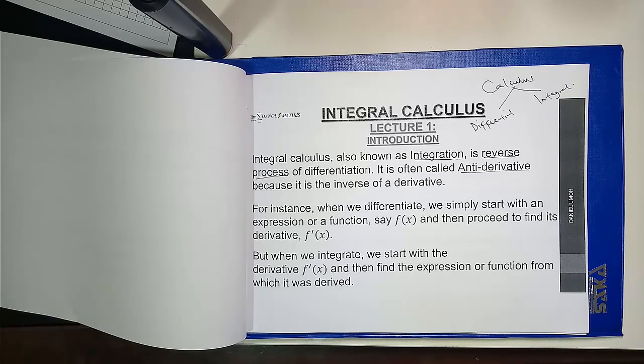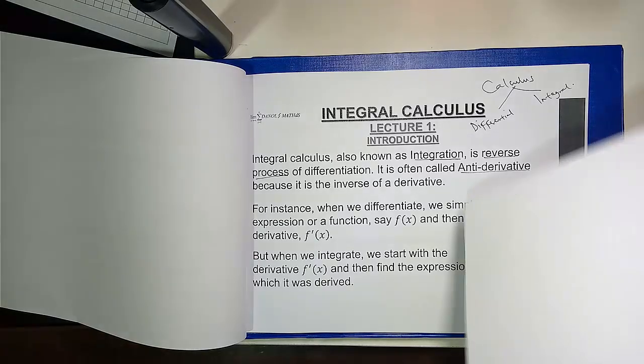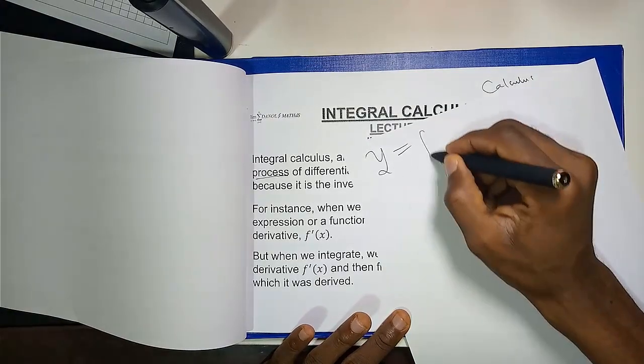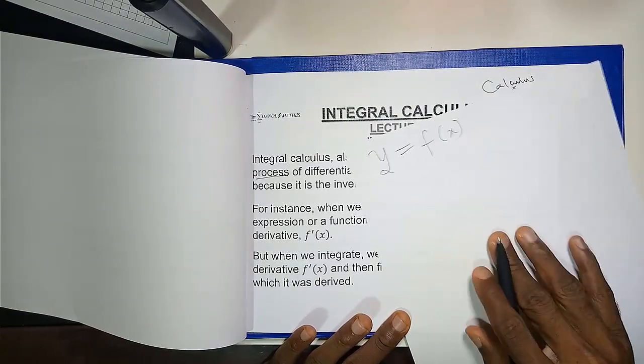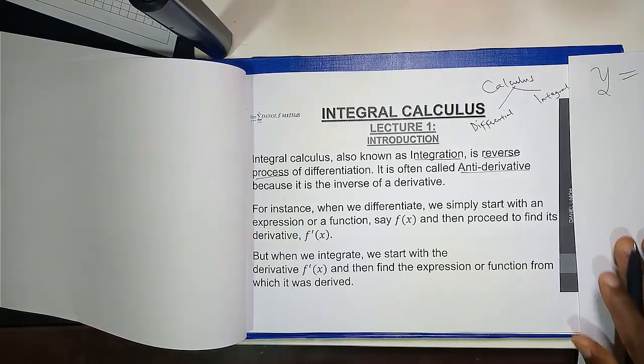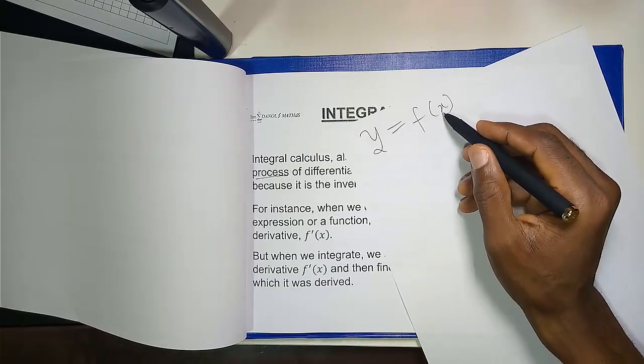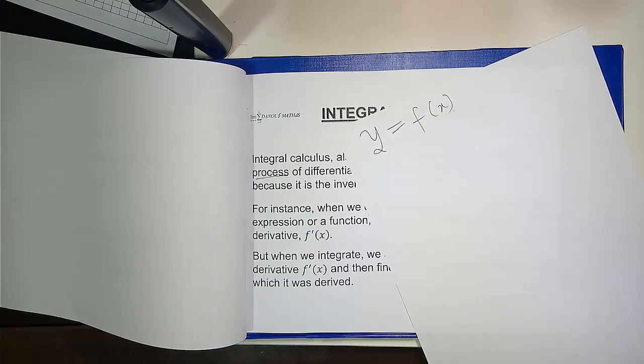For instance, if we differentiate a function, say y equals f of x, we simply start with an expression and then we proceed to find the derivative of this function.